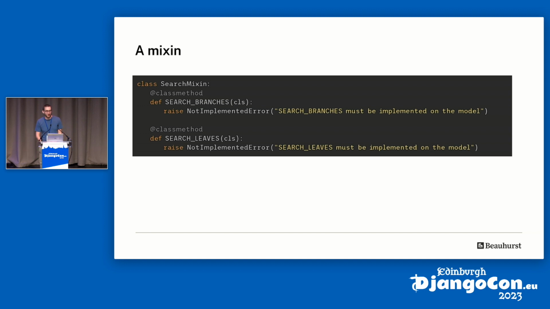So we want to explicitly say, these are the models we want to make available to be searched. Any model which has this mix in, you'll be able to search over. Whether it's got that class or not, we'll write some logic later on to check whether it should be searchable. And then we define what are the branches that we can search over and the leaves that we can search over. I'll go through those in a little bit more detail now.